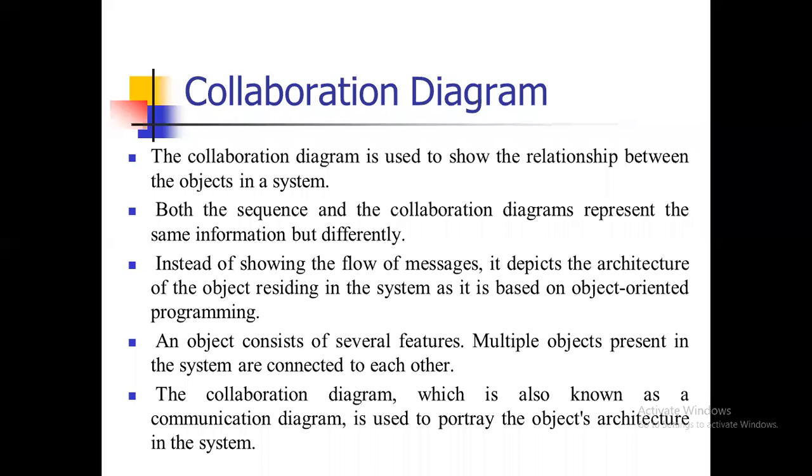An object consists of several features, and multiple objects present in the system are connected to each other. The collaboration diagram is also known as a communication diagram. It is used to portray the objects' architecture in the system.